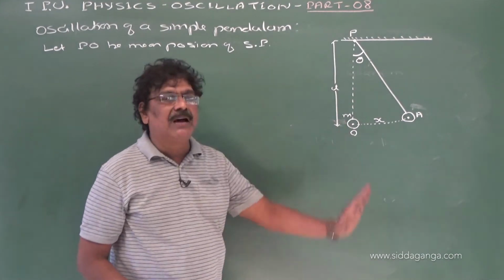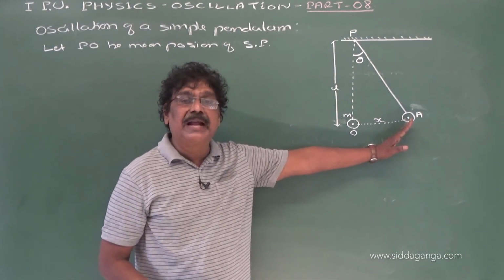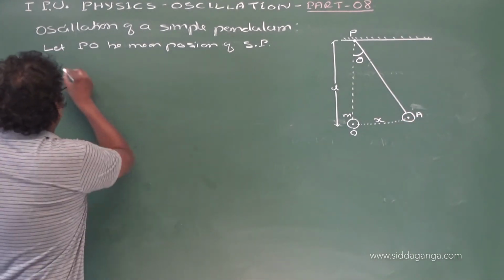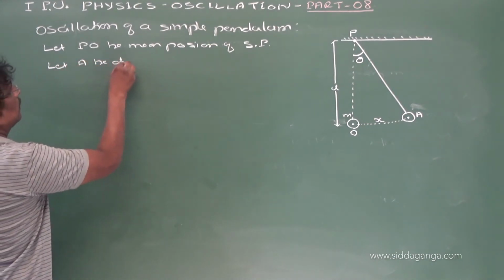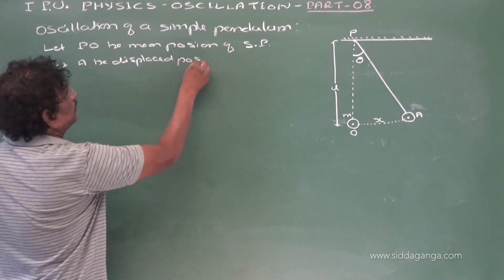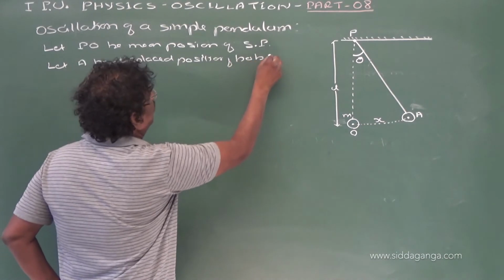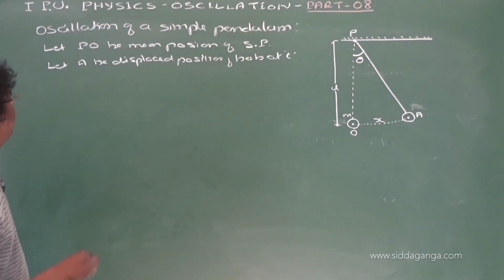At any interval of time, let A be the displaced position of the bob at any instant of time t.